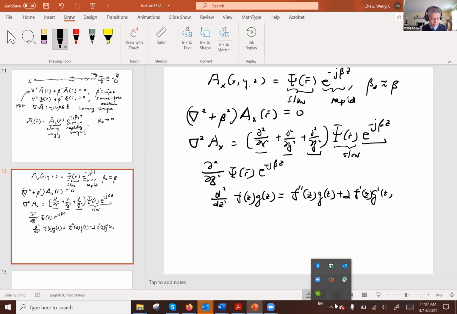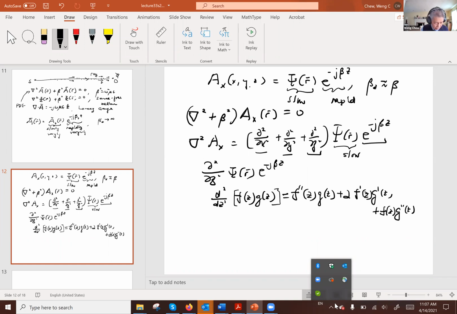Prime here means a derivative with respect to the argument, and then you have a third term, which is f(z) g double prime of z. Okay, so this is when you use the product rule for the second derivative of the product of two functions.